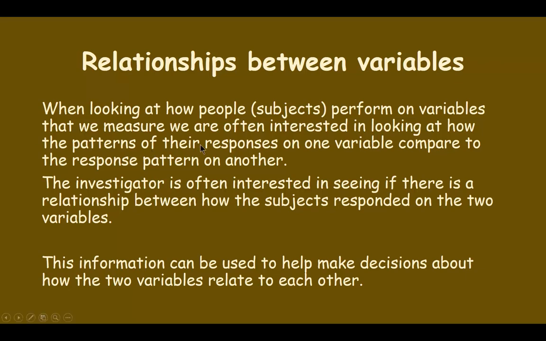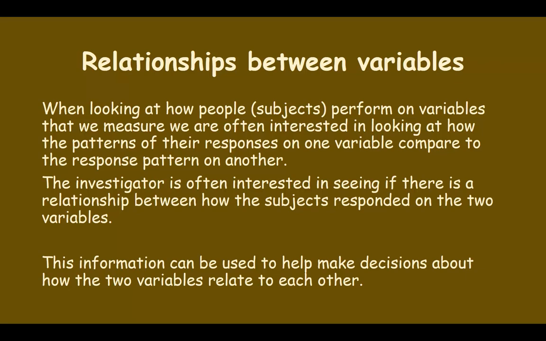And we want to look at the pattern of their responses, which means that the analysis we're doing is going to look at the individual responses within the data set and analyze to see if the way the subjects respond on one variable has some kind of pattern, similarity, or likelihood that we can identify in the second variable. This helps us to identify whether or not the two variables are related.